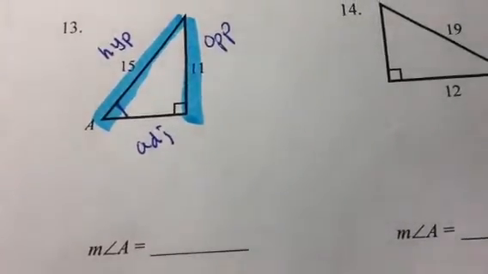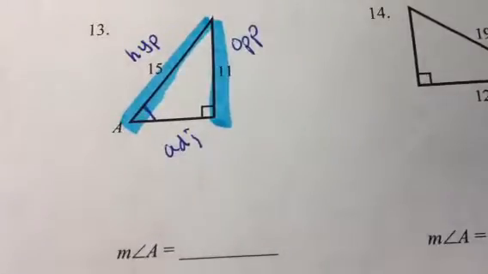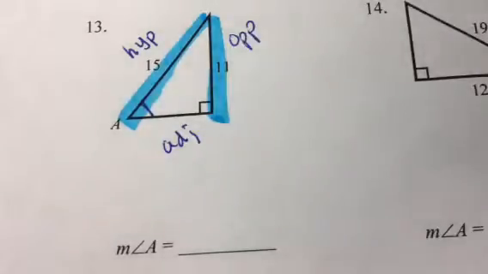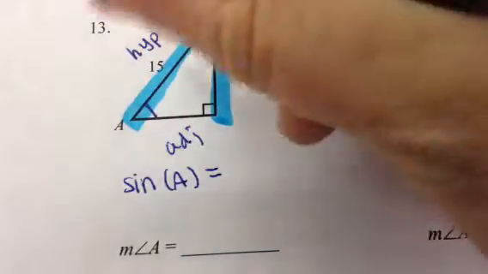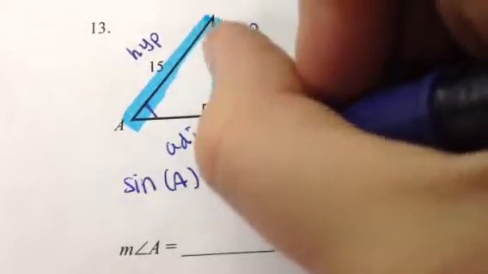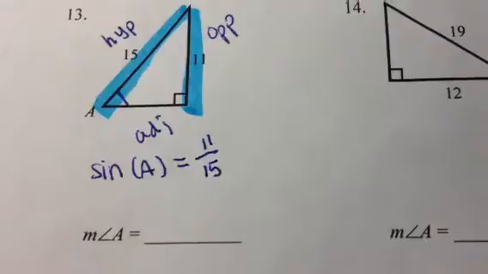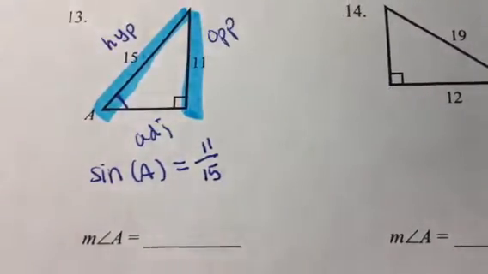All right, so if we want to set this up, the first thing I want to see is that you write it almost like we do know the angle. So we said we're going to use sine, so we would say the sine of angle A equals opposite over hypotenuse, 11 over 15. We won't be able to figure out what angle A is using the sine function, so we're going to now translate to the inverse sine.